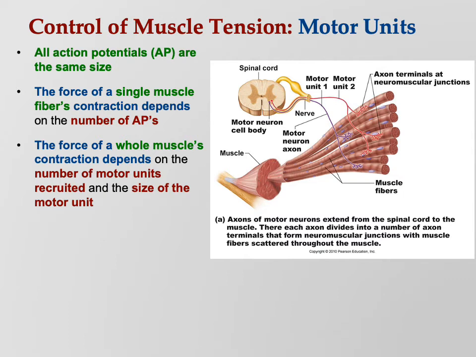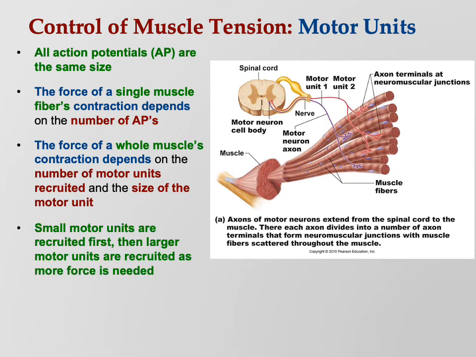In reality, the difference in the size of the motor units is anywhere between like 10 and 1,000. So in some cases, an action potential will cause 10 muscle fibers to contract. In other cases, a single action potential will cause 1,000 muscle fibers to contract. So the size of the motor unit can make a huge difference. Generally speaking, what your body does is it recruits small motor units first, then larger motor units as you need more and more force.